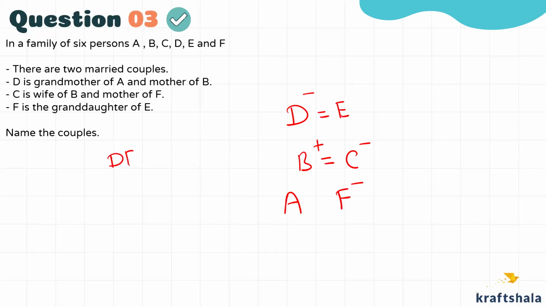D and E, B and C. So all of you are correct, all those who answered. Right. So this is all about blood relations. Let's move on to the next one.